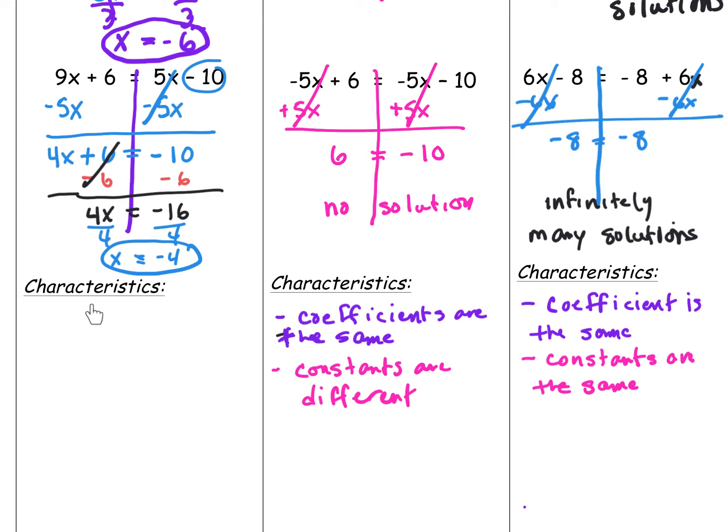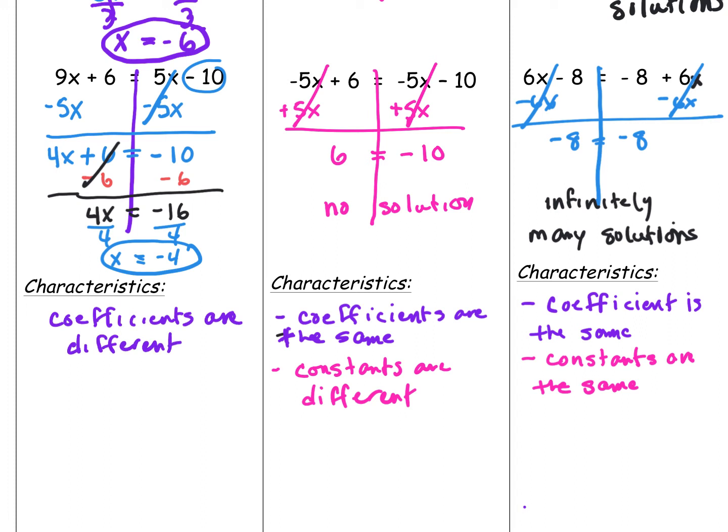All right, and finally, the characteristics of the equations that we use to get one solution. If I look at these, both of the coefficients of the variable were different. So the coefficients, the number in front of the variable, are different.